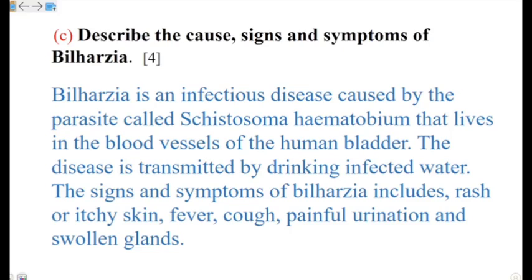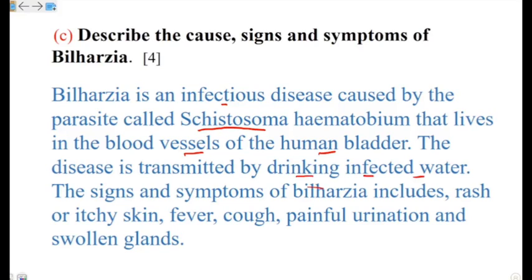We have said bilharzia is an infectious disease caused by the parasite called Schistosoma haematobium that lives in the blood vessels of the human bladder. The disease is transmitted by drinking infected water.